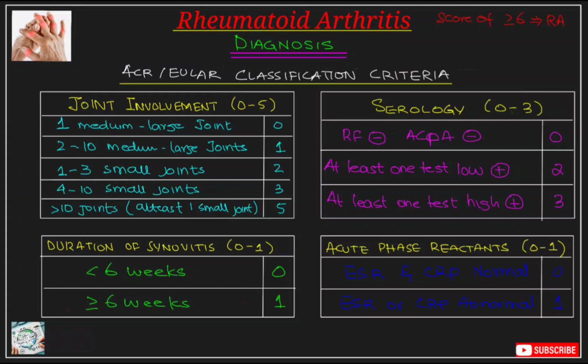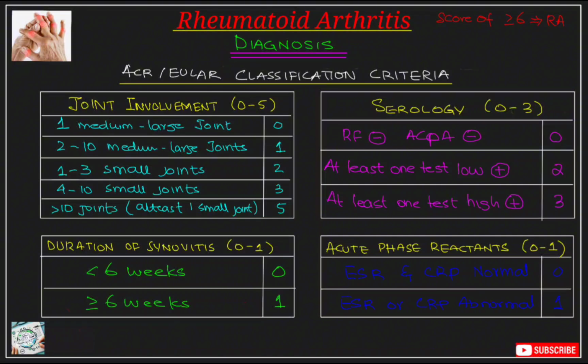In the duration parameter, she has had these symptoms for more than 6 weeks, so a score of 1. And lastly, the ESR and CRP are normal, so a score of 0 is assigned. So in this scenario, the total score is 3 plus 2 plus 1 plus 0 equals 6. Since her score is 6, she meets the criteria for rheumatoid arthritis.